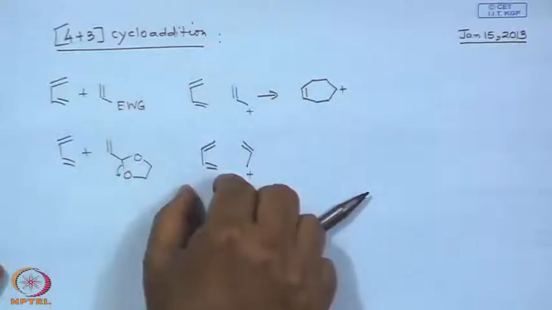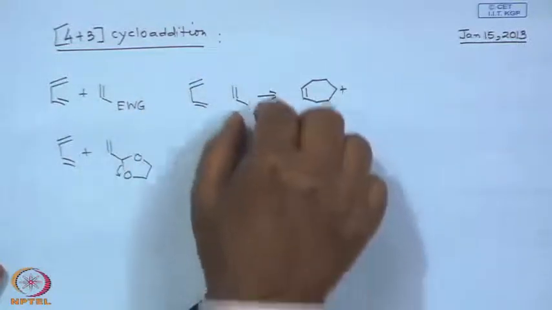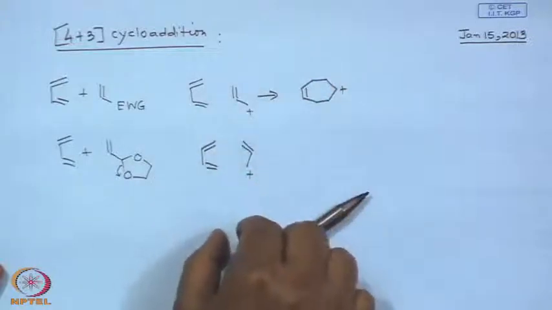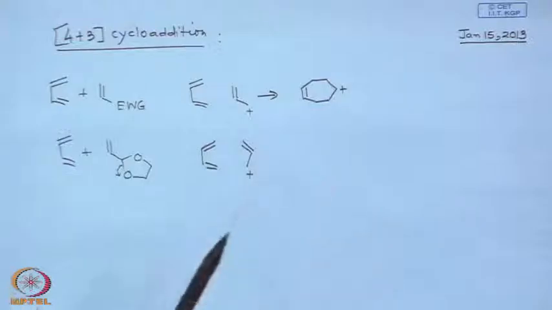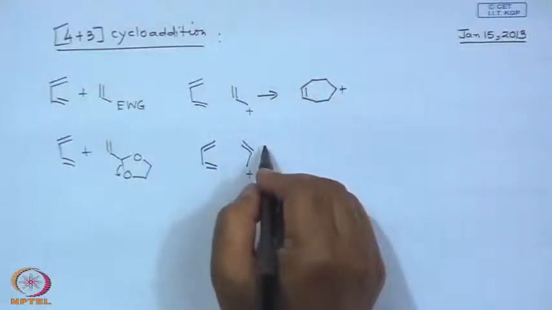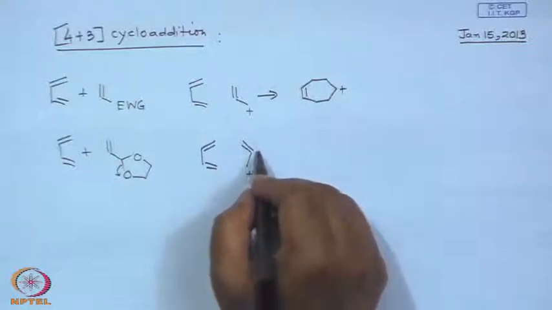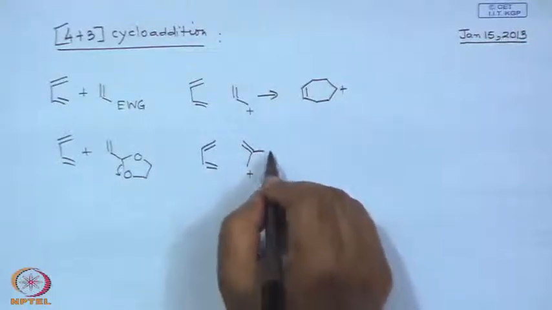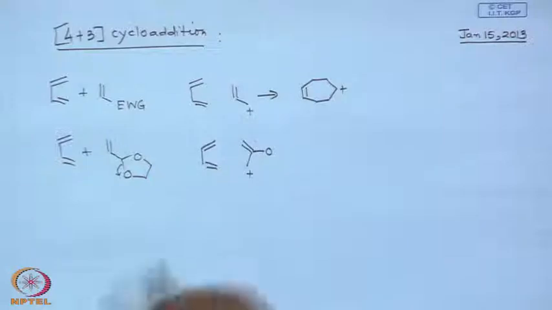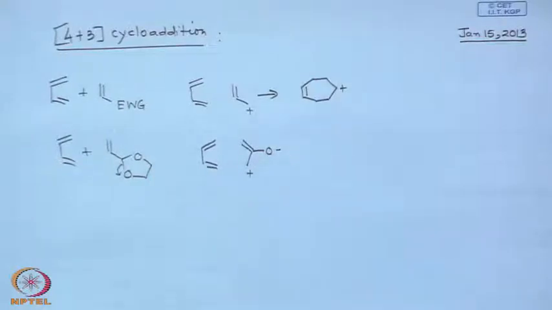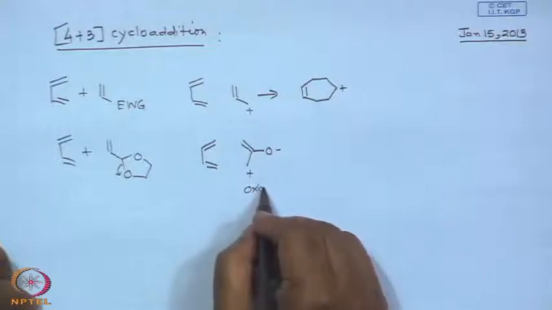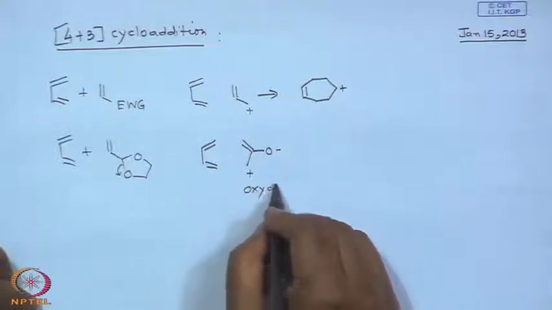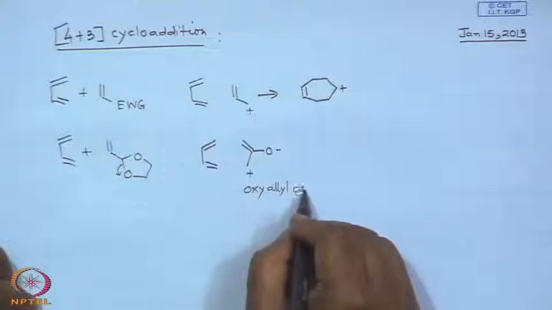On the left hand side, the diene part, we do not have much options, but as we proceed along the class, we will see that most often these reactions are tuned by placing different substituents here and there, and most often it is the heteroatoms, and the commonest one is oxygen here, that is O minus here. This is very well known in the literature as the oxyallyl cation.